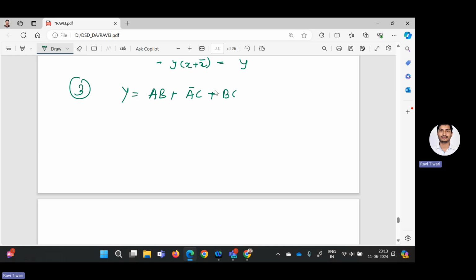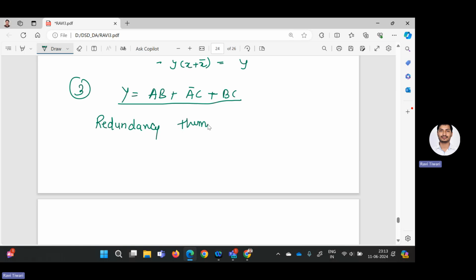One theorem is there, called the redundancy theorem. So let's see what redundancy means and how we can minimize this expression, which is a non-minimized expression. Let's see how we can apply the redundancy theorem.